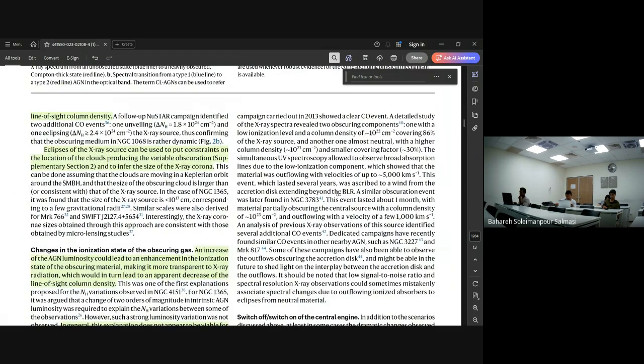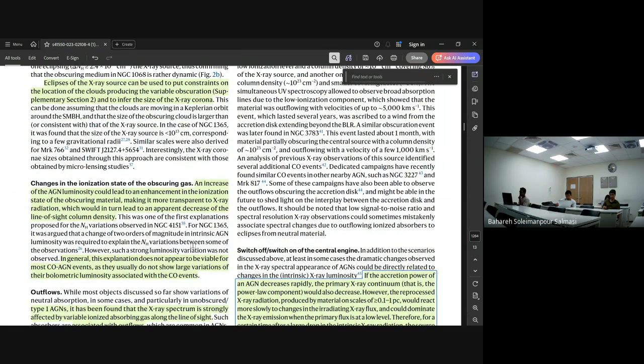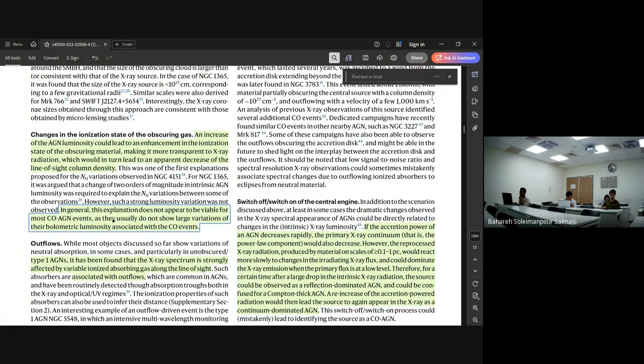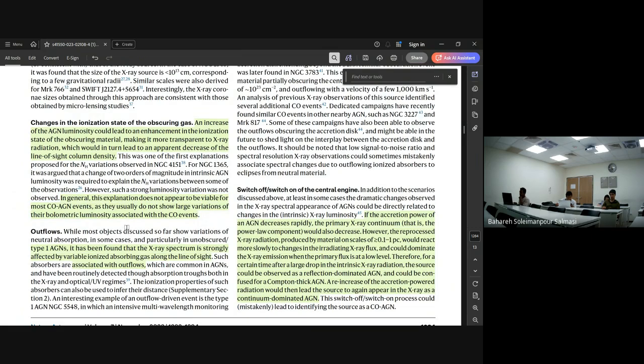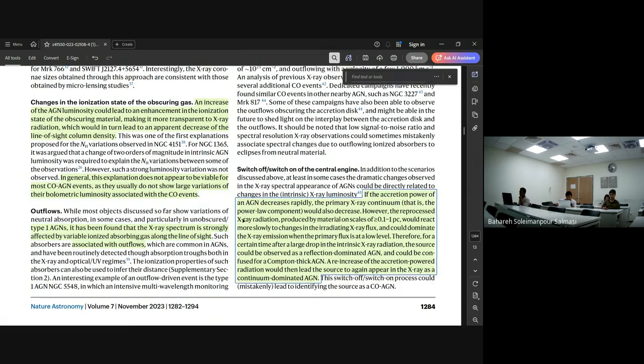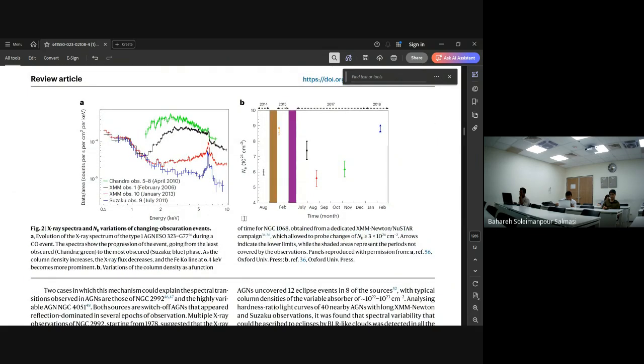Some other reasons why the obscuration could happen are different ionization states of the obscuring gas, but this explanation doesn't explain most of the events that we see. Some outflows into and out of our line of sight can also change our column density viewing of this AGN. Here we can see some of the obscuration levels.